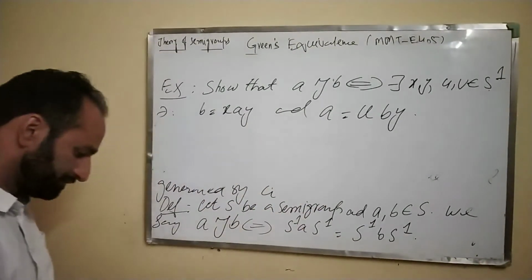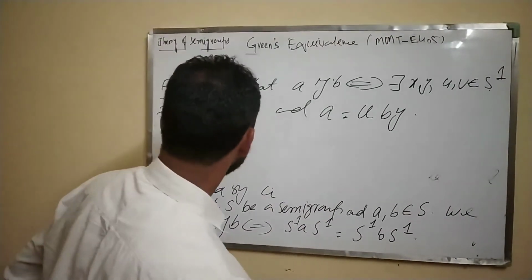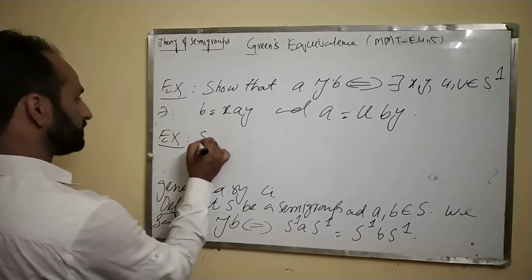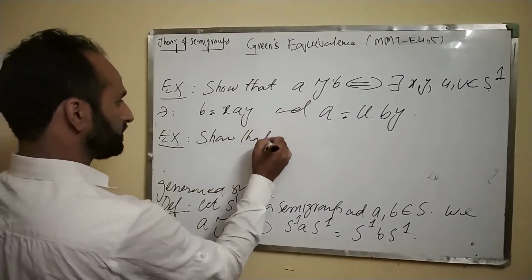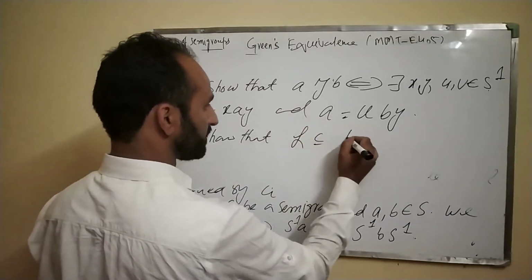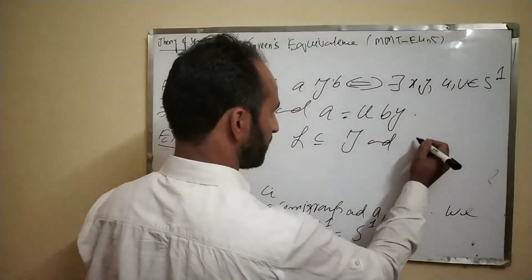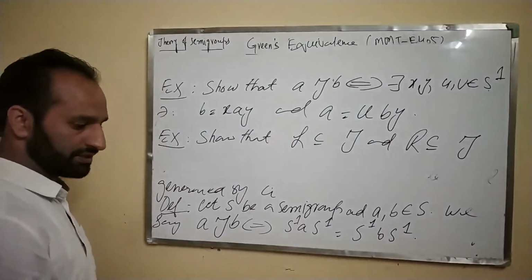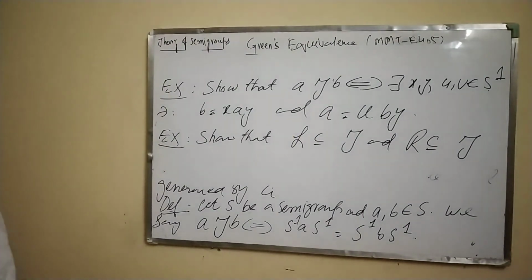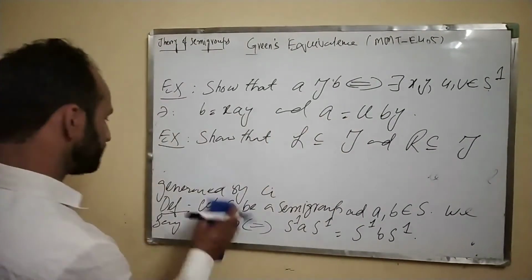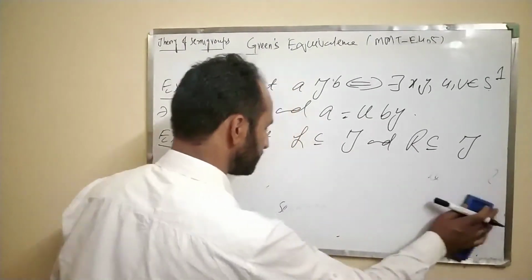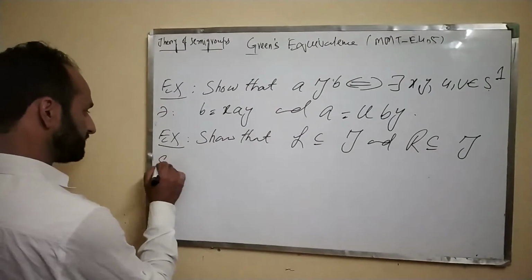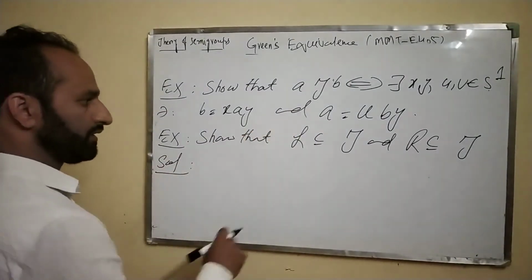You can also show that L relation is a subset of J relation, and R relation is a subset of J relation. It's again simple. Let's try to solve this one.